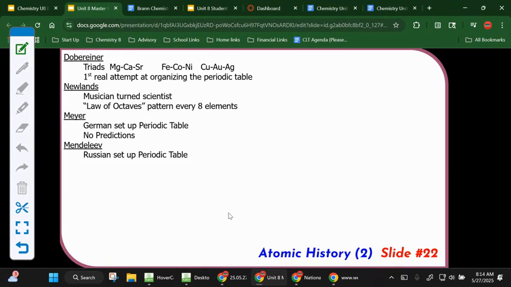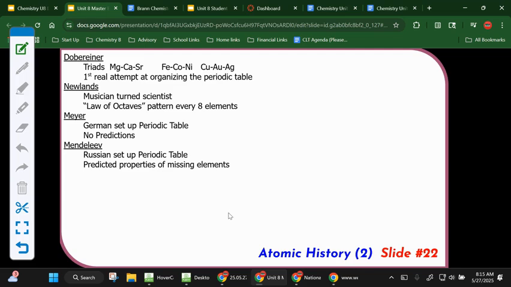Now, the difference between them was Mendeleev predicted that there were elements that had yet to be discovered on the periodic table. Meyer just tried to set up all of the known elements into a periodic table, into groups, into families. Eventually, we have adopted Mendeleev's periodic table. That is the scientist who gets credit with doing our current periodic table, is Mendeleev. Meyer was competing with him.